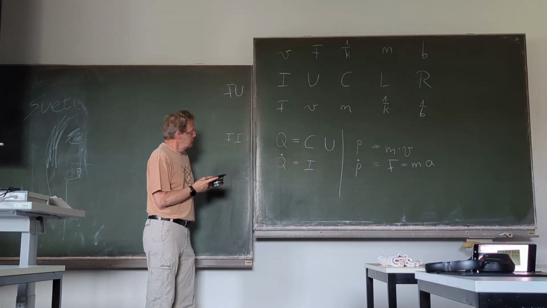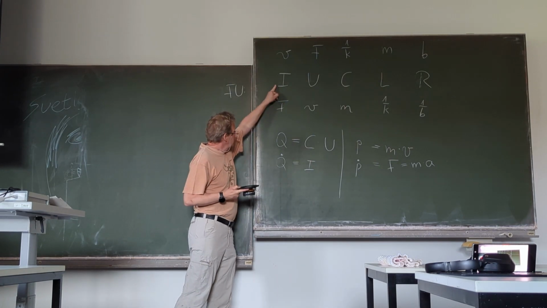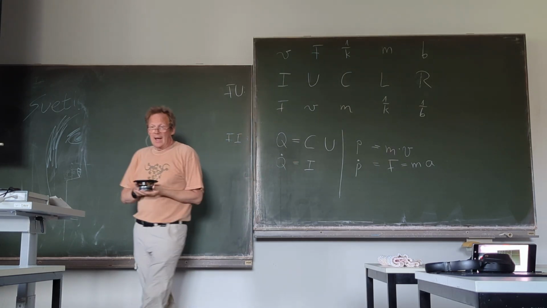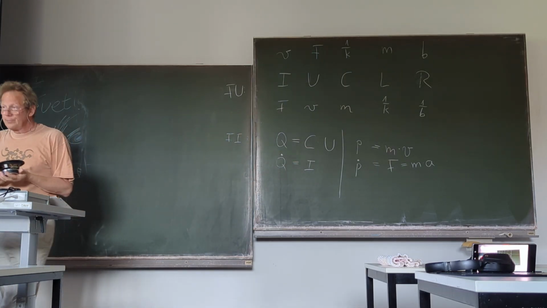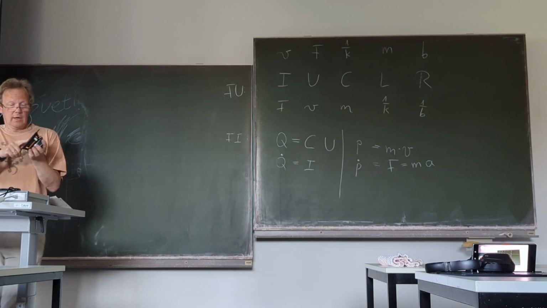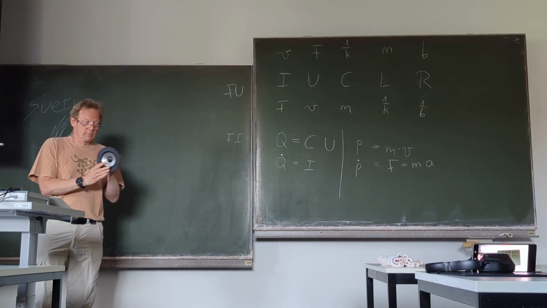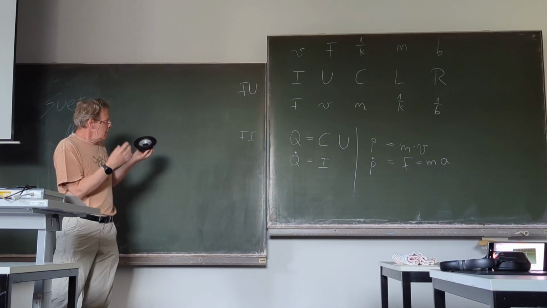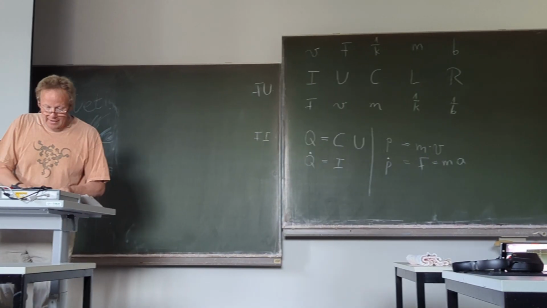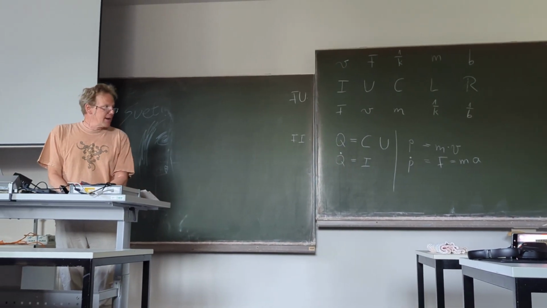So we have a real coupling between current and force, and it's also the other way around. When we move this diaphragm, we will be able to measure a voltage. So it's a double effect, and it has to do with the FI analogy.